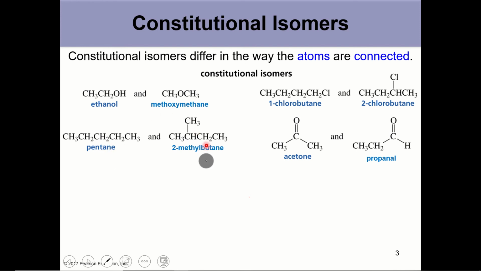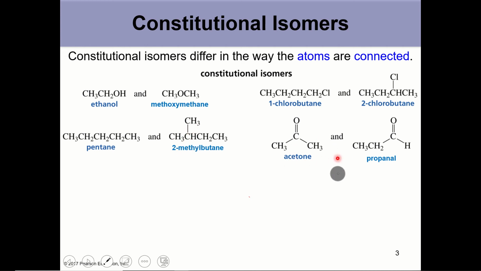They both have the formula C5H12, but they have different connections in how they are bonded to each other. Pentane has only primary and secondary carbons. 2-methylbutane has primary, secondary, and 1 tertiary carbon.